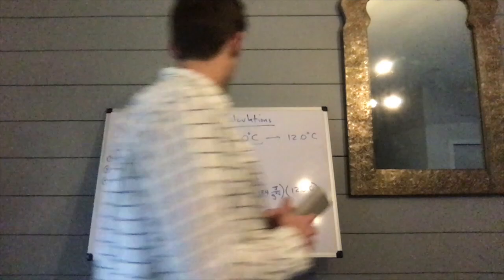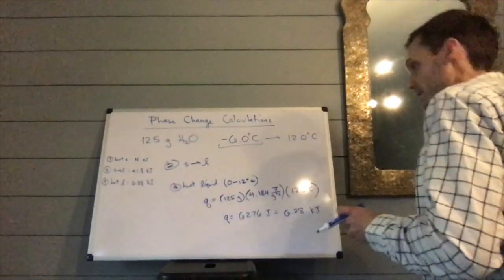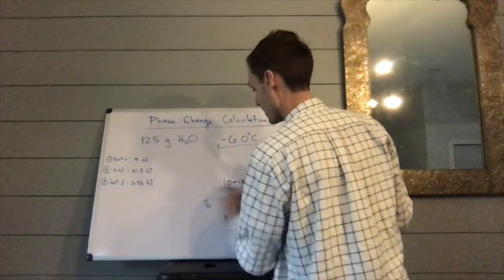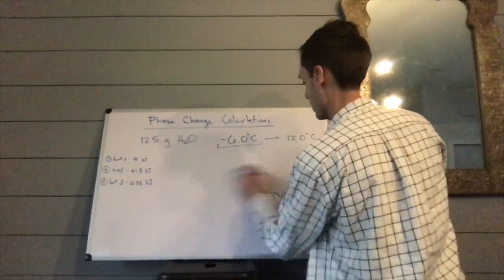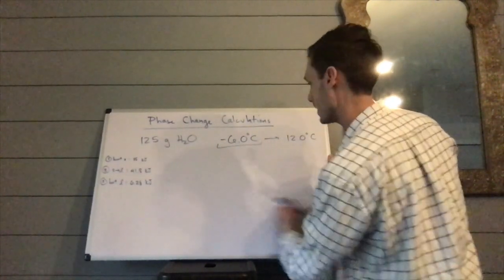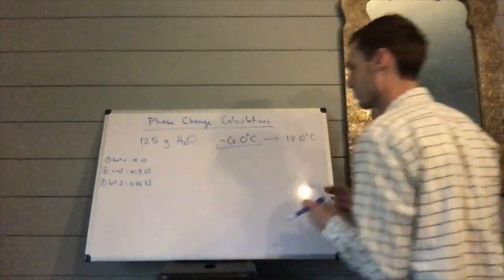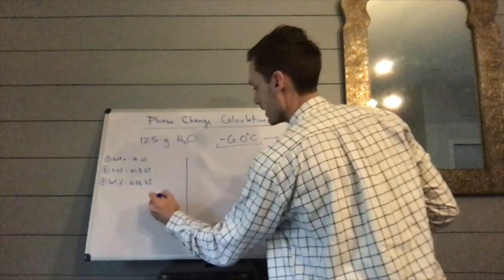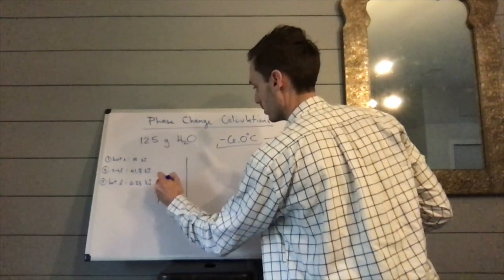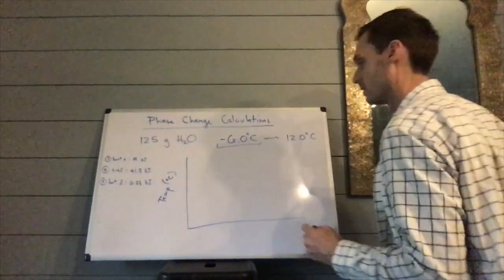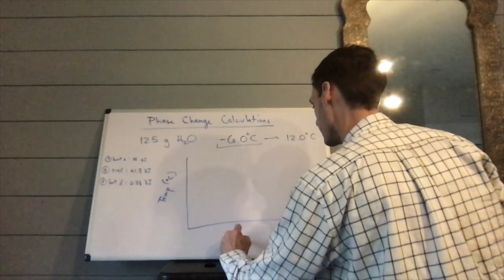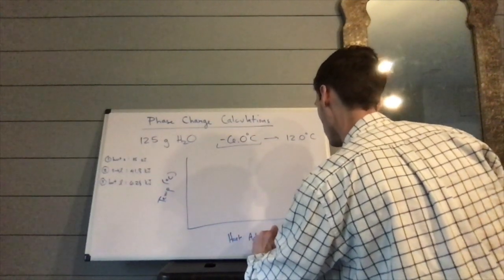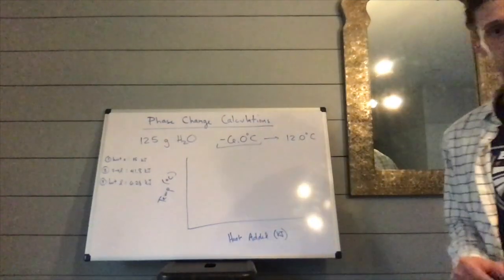Okay, anyway. So let's take this information and let's make our own phase diagram, because that is what you guys will have to do for your assignment. So again, we have temp in degrees Celsius on the y, and then heat added in kilojoules on the x-axis.